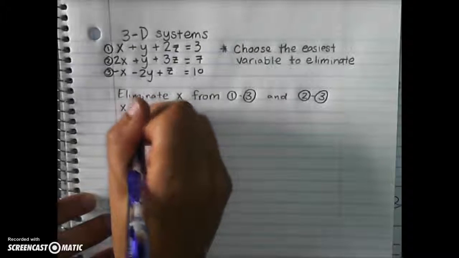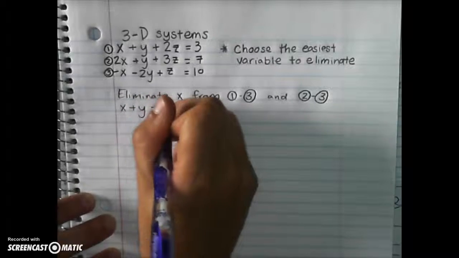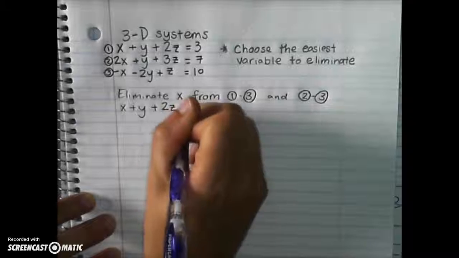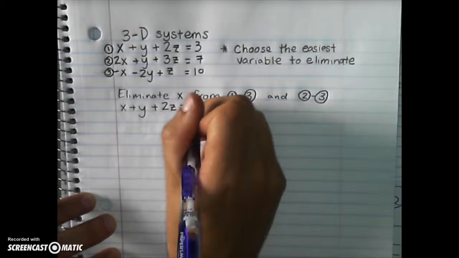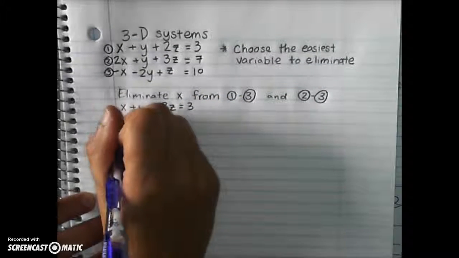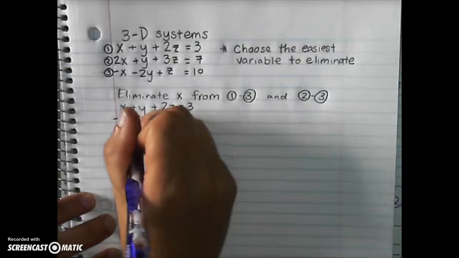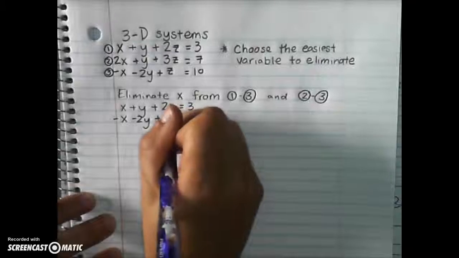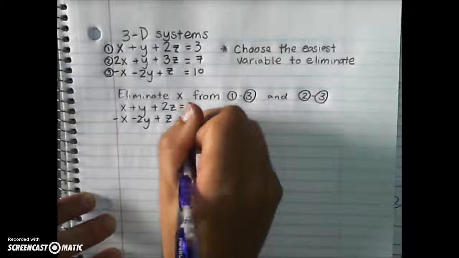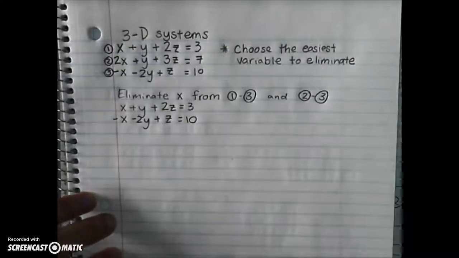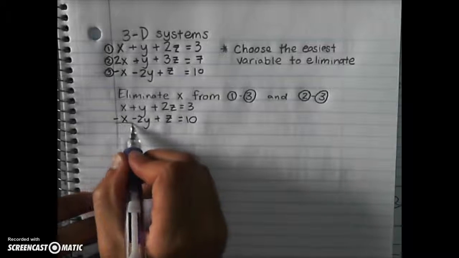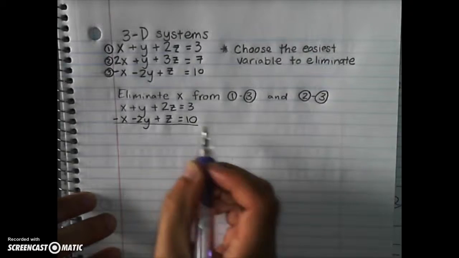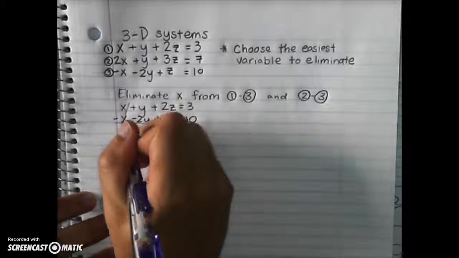x plus y plus 2z equals 3. Negative x minus 2y plus z equals 10. The x's cancel out.